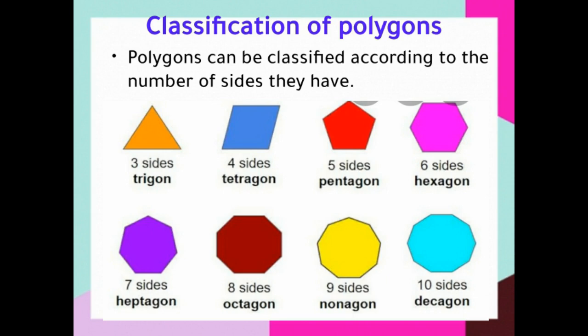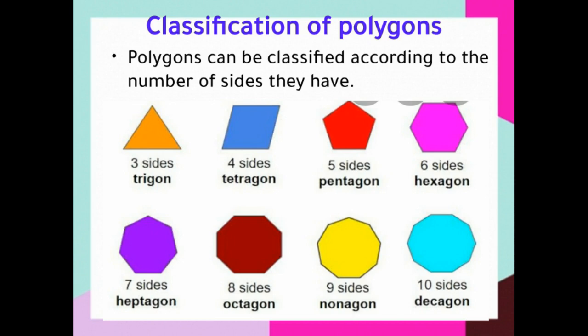Now, we are going to see classification of polygons. Polygons can be classified according to the number of sides they have. First, a polygon having 3 sides is called a trigon or triangle. A polygon having 4 sides is called quadrilateral or tetragon.